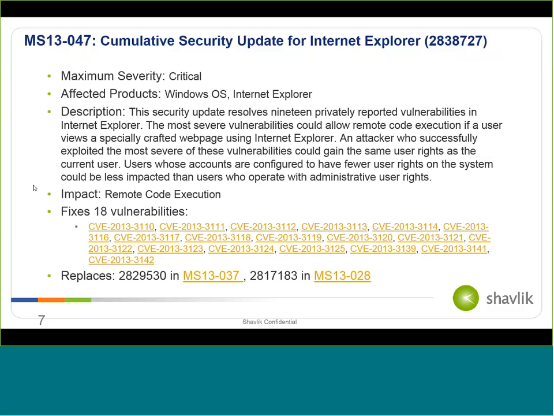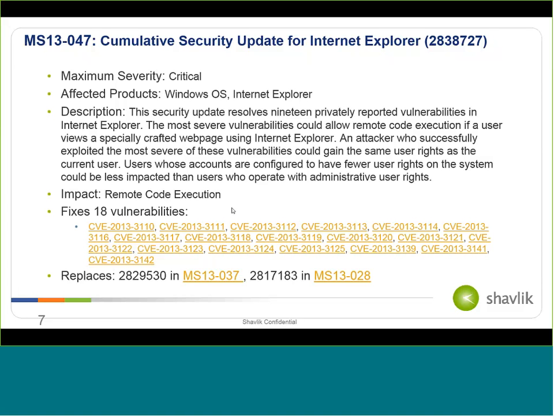Let me see if I can find that quick, though. I'll probably have to come back to that one if I can find it online here. But of the 19 that they've reported here, one of those is a buffer overflow, which is remote code execution and does not require authentication. So the likelihood and severity of that is pretty high.